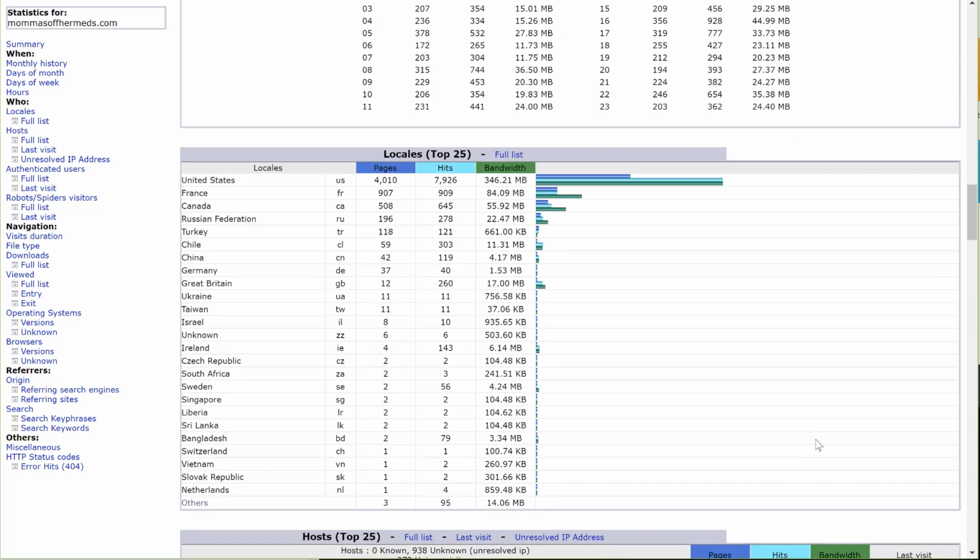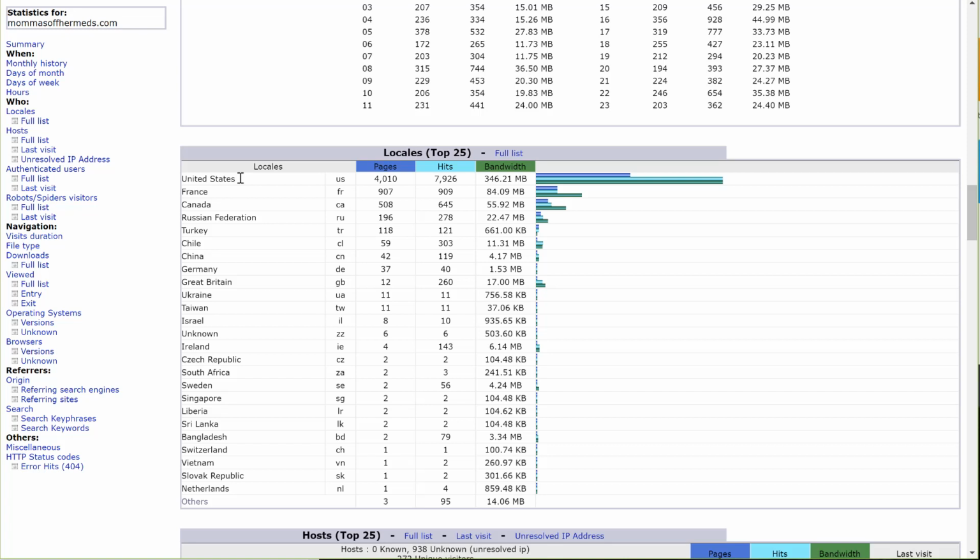Top 25 countries. We're looking at United States and France, followed by Canada, followed by people trying to hack my site from the Russian Federation, Turkey. These are never good. So this is good.